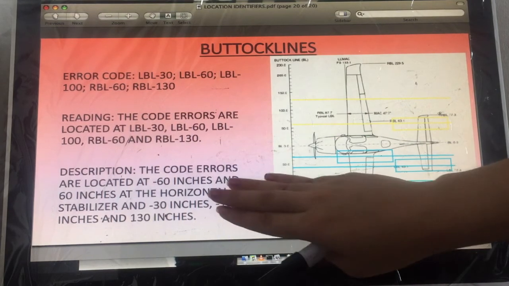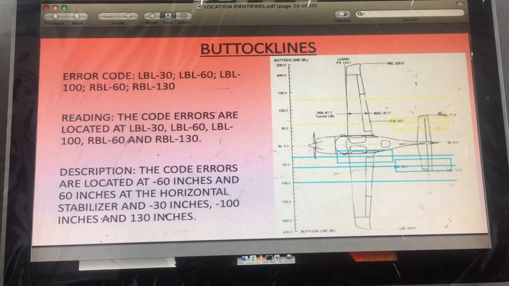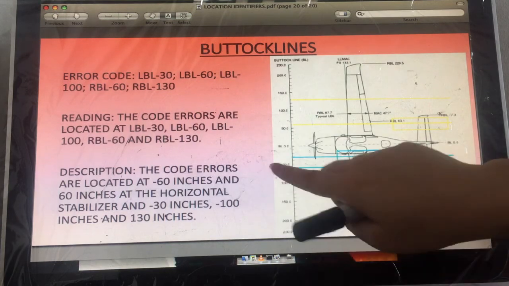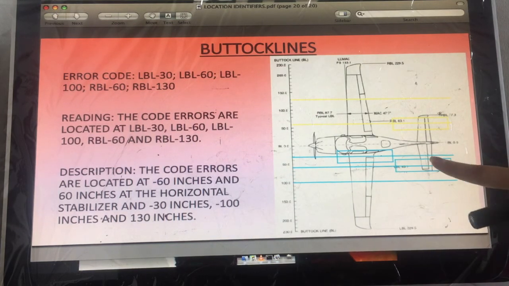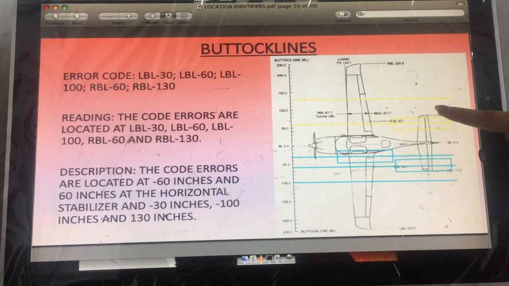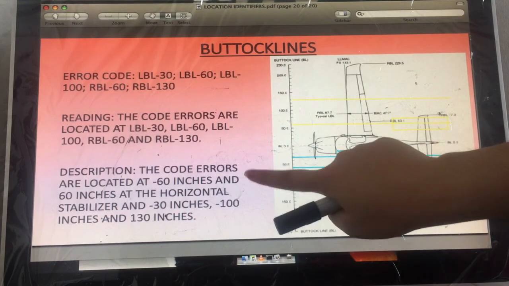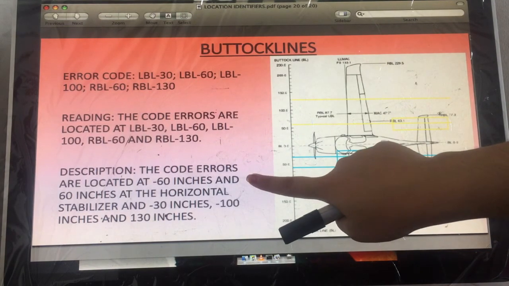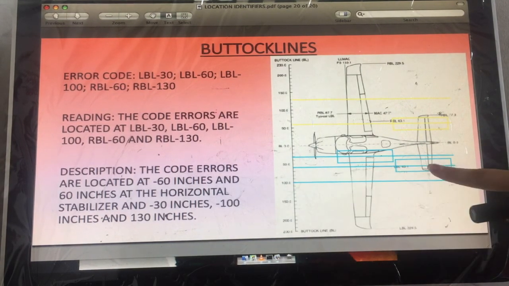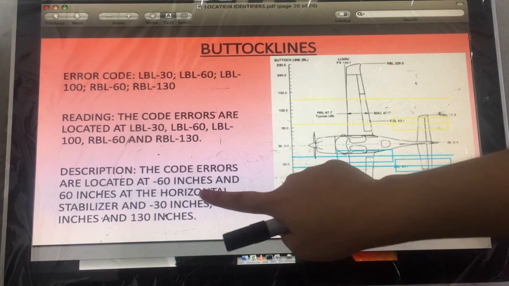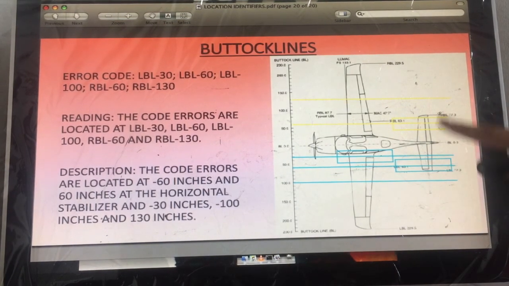And then, for the description, this is now the different one. Kasi unahin nga ulit ang nasa horizontal stabilizer. So, meron tayong dalawang errors na nasa horizontal stab. Negative 60 and positive 60. So, ilalagay nyo muna, the code errors are located at negative 60 inches and 60 inches at the horizontal stabilizer, since both are indicated na nasa horizontal stabilizer.